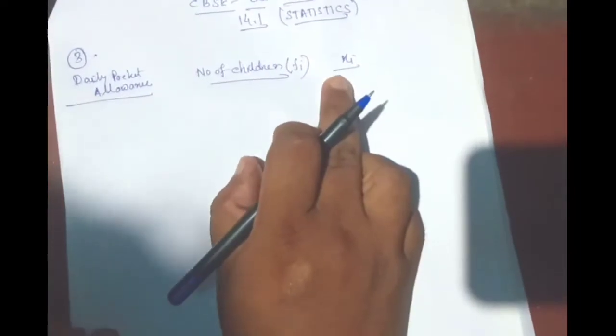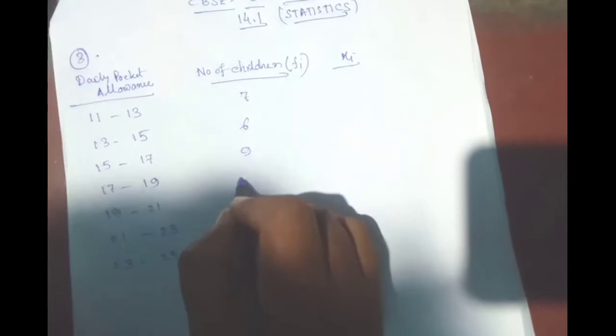Next, xi, this is my class mark. Now the classes are 11 to 13, 13 to 15, 15 to 17, 17 to 19, 19 to 21, 21 to 23, 23 to 25.